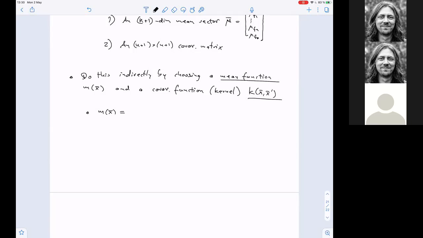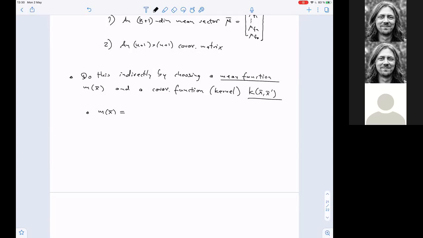But the values of these functions, even though it's the kernel function of x and x prime, it's not the covariance of x and x prime. The value represents the covariance of f of x with f of x prime. So the values represent mean and covariances in f space, but they're functions of input space.